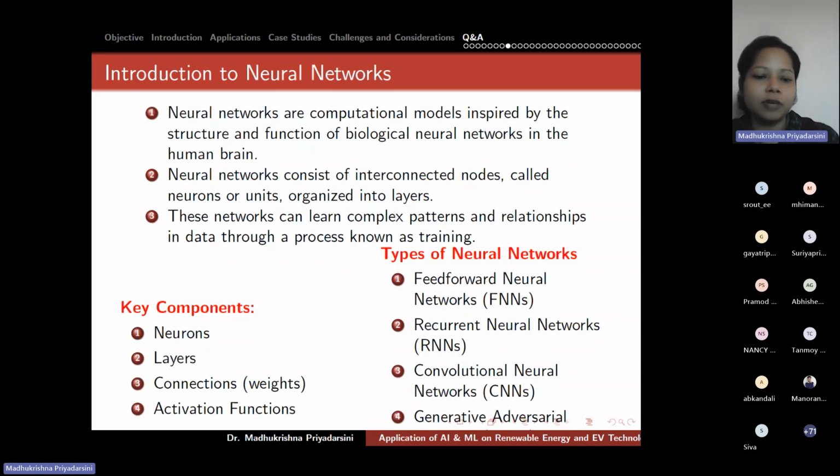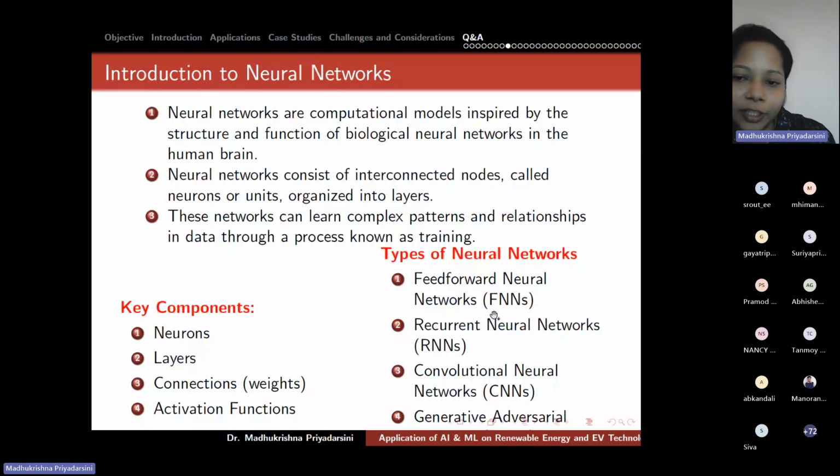In neural networks we have neurons, which are the inputs, and then layers are present. Neurons give input to the layers, and between the layers and neurons there are weights, which are called connections, and activation functions, which find out the output.